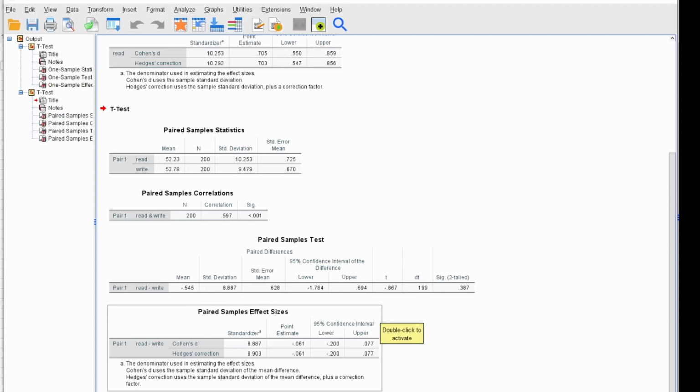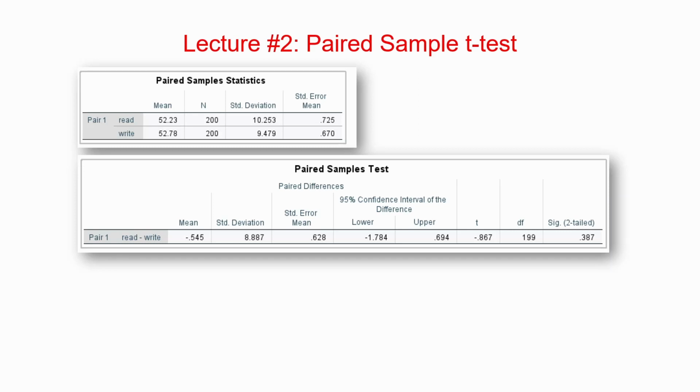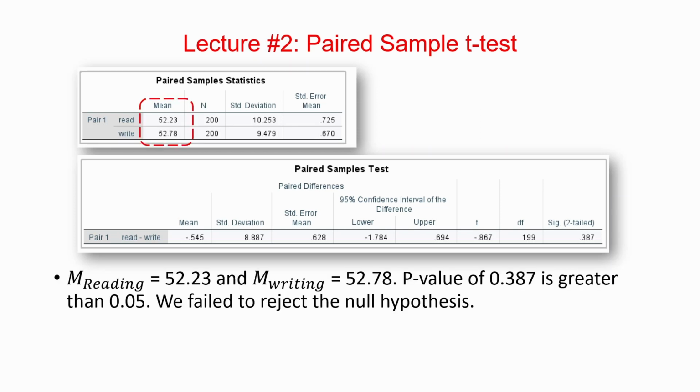Now we're going to shift to the slide that I prepared, and I'm going to show you how we can report the results of the paired sample t-test. On this slide, you can see the 2 tables we just saw in SPSS. The first table provides the means for reading and writing.